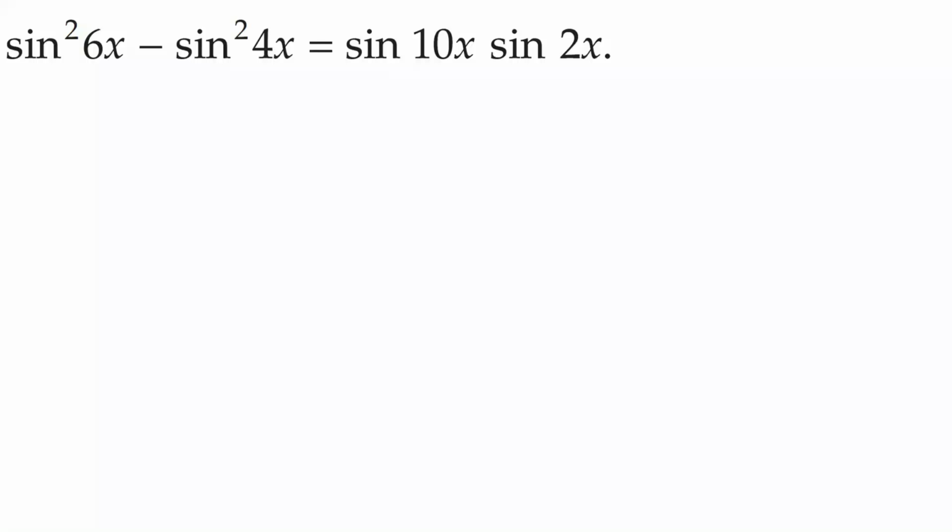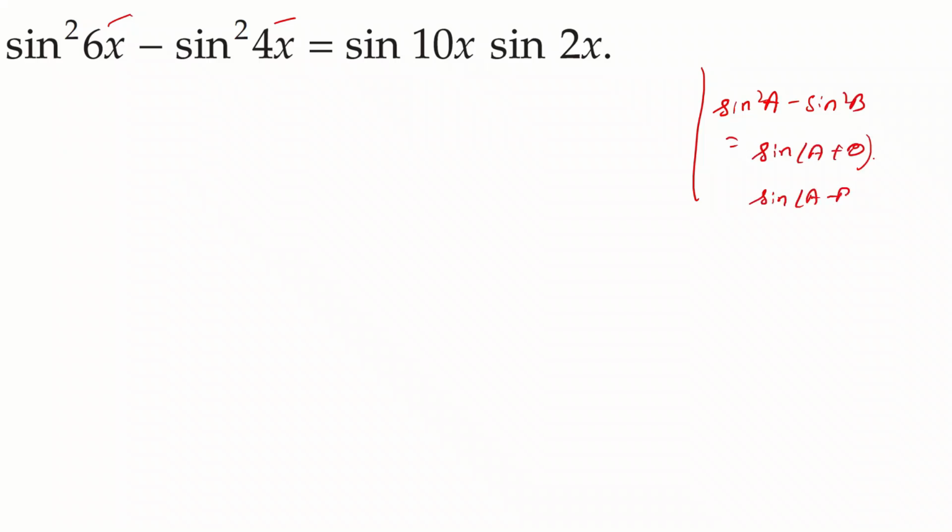Now some examples. Alright, sine square a minus sine square b. So think of this 6x as a and 4x as b. So we are having sine square 6x minus sine square 4x. So we remember that sine square a minus sine square b can be written as sine a plus b into sine a minus b.